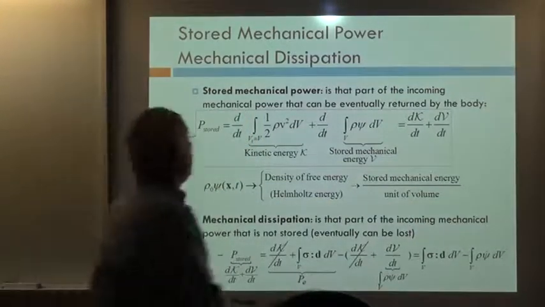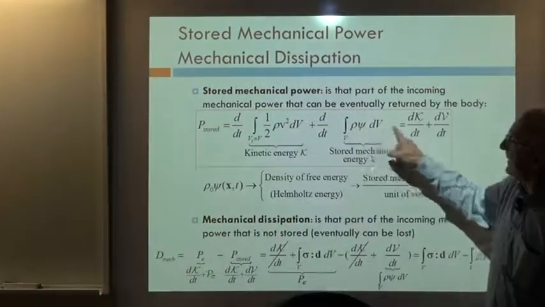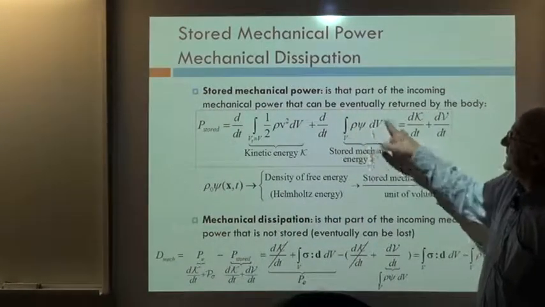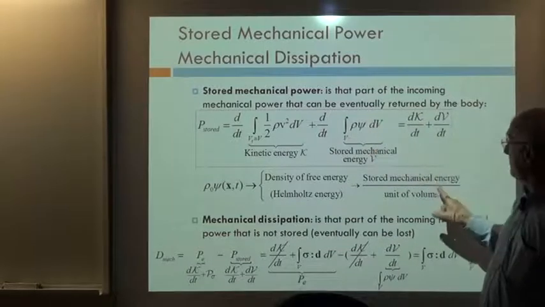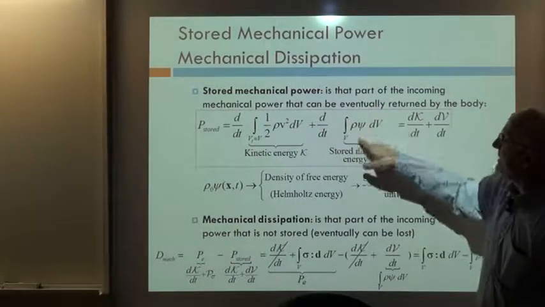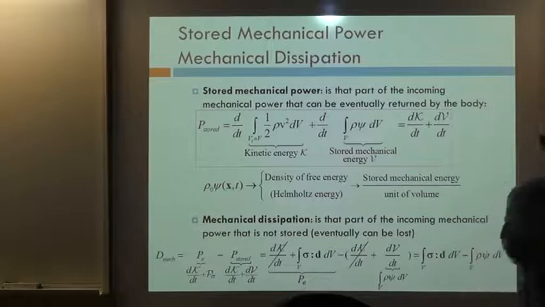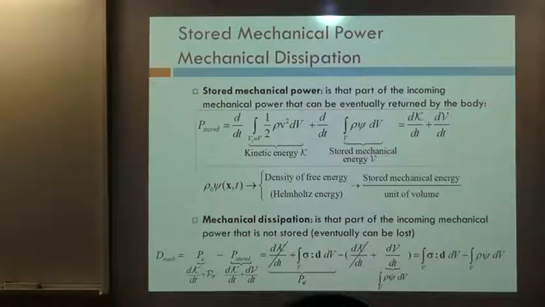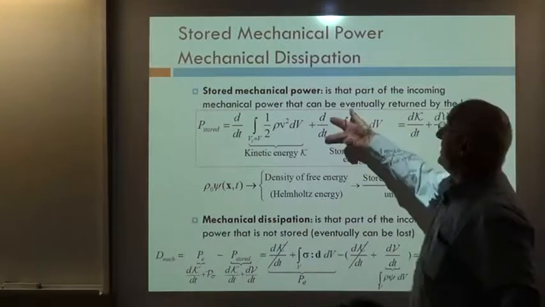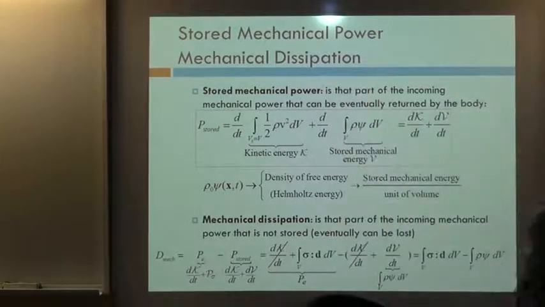If I now make the integral of the stored mechanical energy per unit of volume multiplied by the volume, that integral represents the total amount of the stored energy. And this differential means the variation per unit of time of the stored energy.